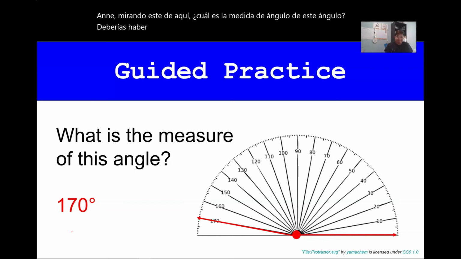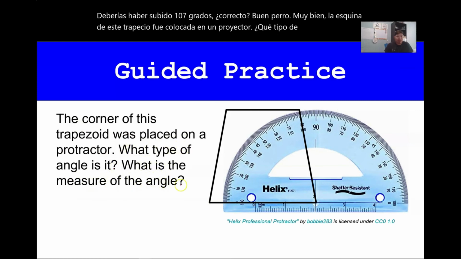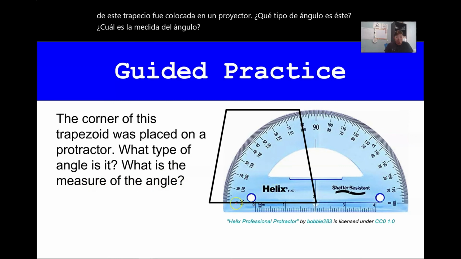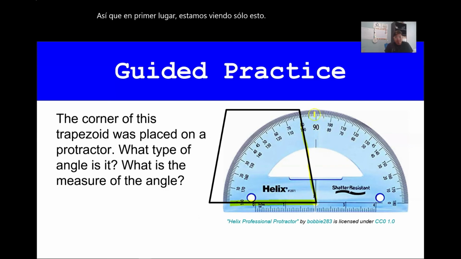Alright. The corner of this trapezoid was placed on a protractor. What type of angle is this? What is the measure of the angle? So first off, we're looking at just this. Well, it's less than 90 degrees because 90 degrees is right here.